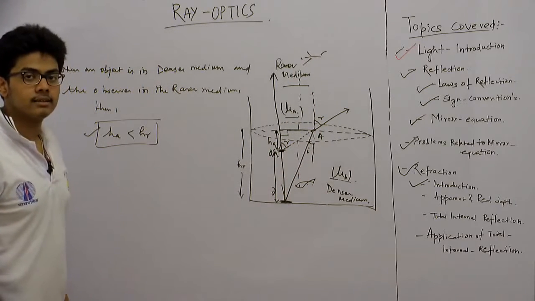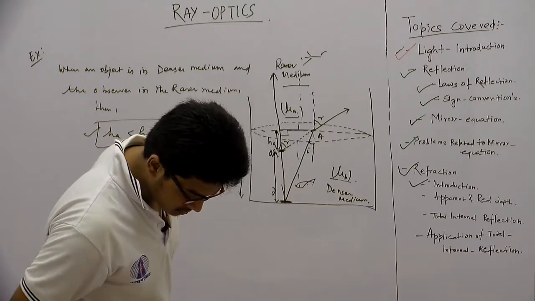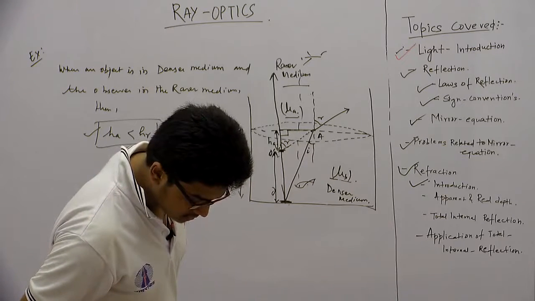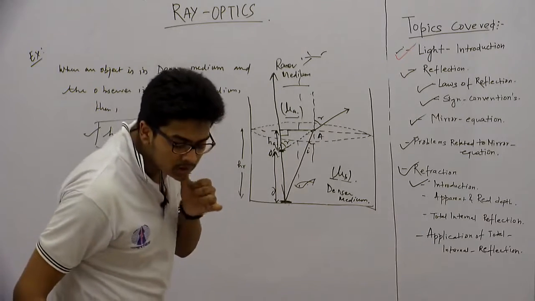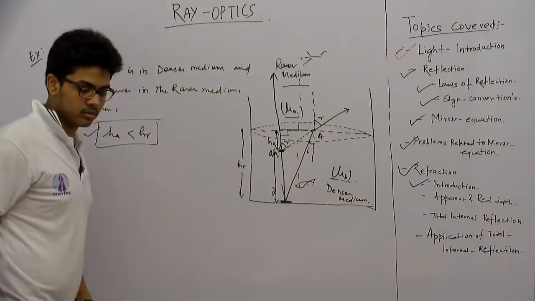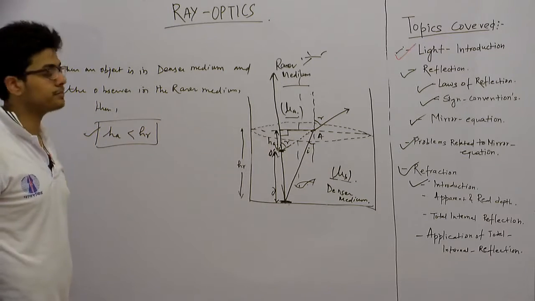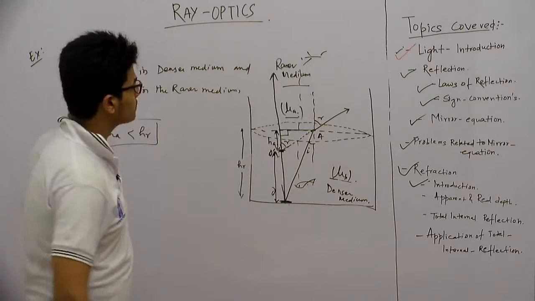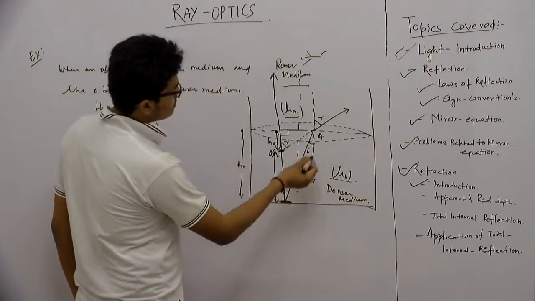When the bird flies here and the fish is inside the pond, the bird thinks that the fish is not at this position, it may lie in this position.